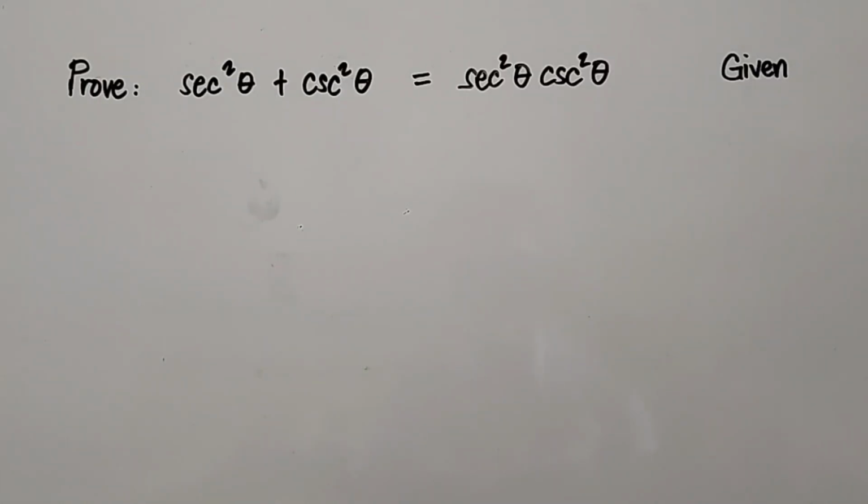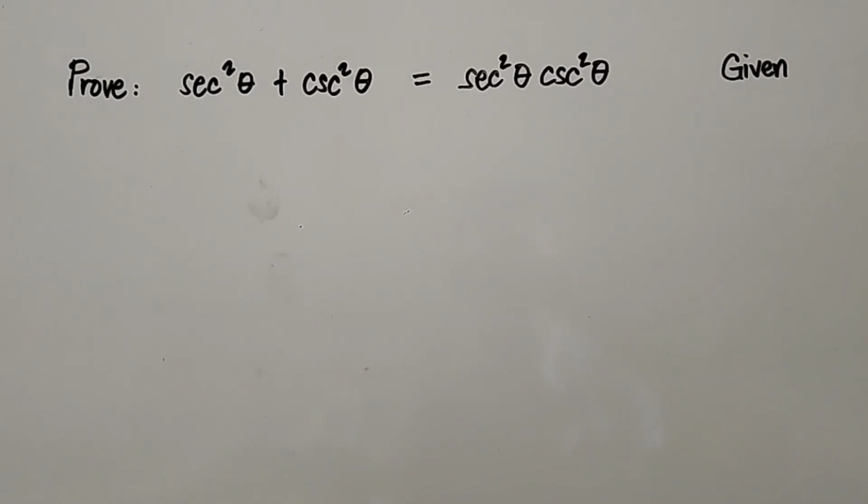For the second given, prove secant squared theta plus cosecant squared theta equals secant squared theta times cosecant squared theta. Always remember that the first reason in every proving is the given. Also, notice in the given that we are using squared.